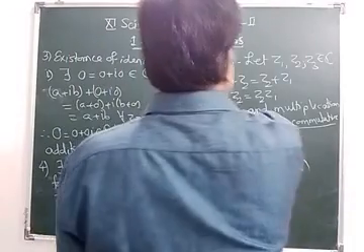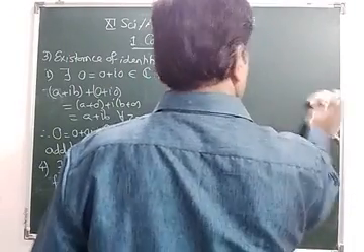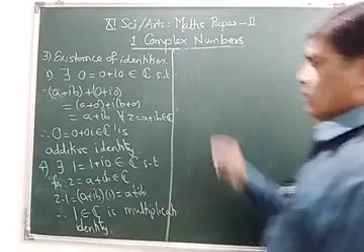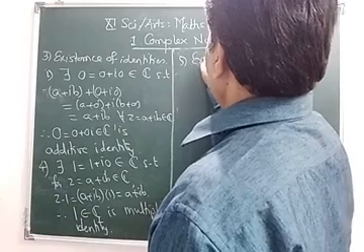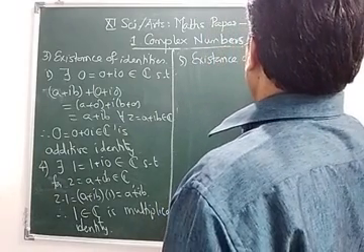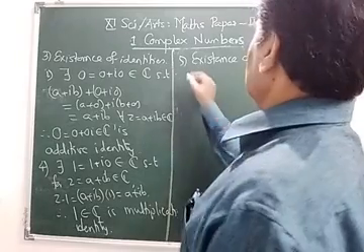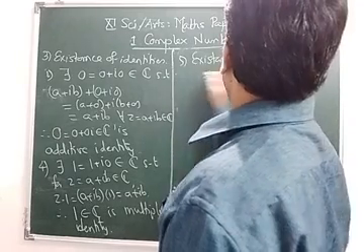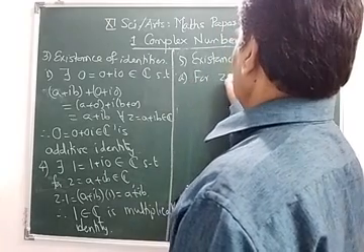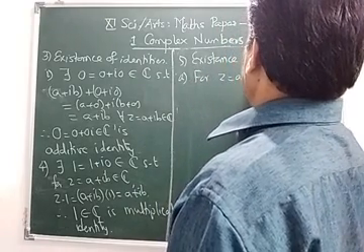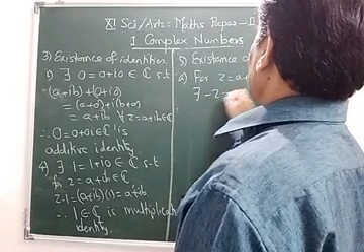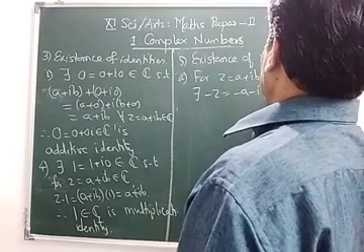Existence of inverse. For Z equal to A plus IB belonging to C, there exists minus Z equal to minus A minus IB.